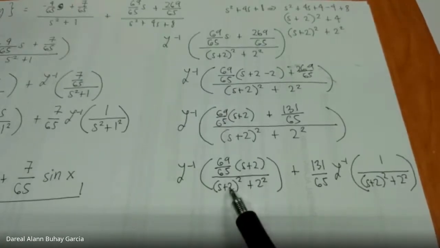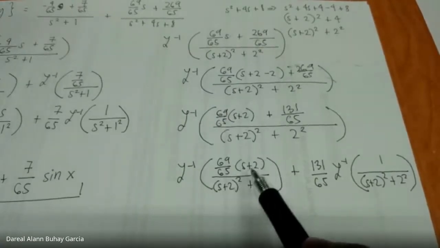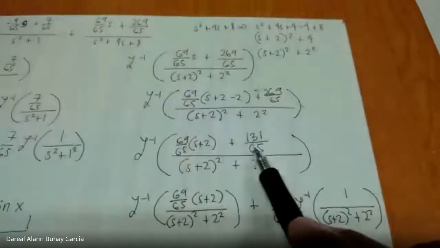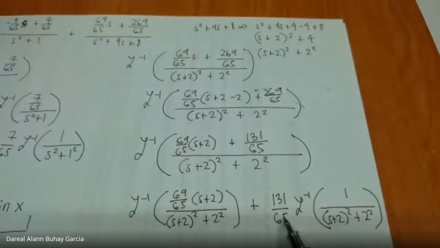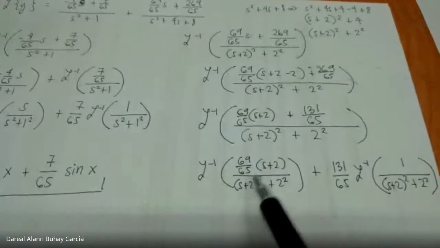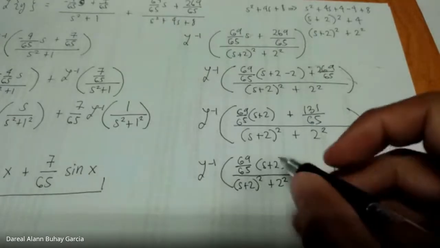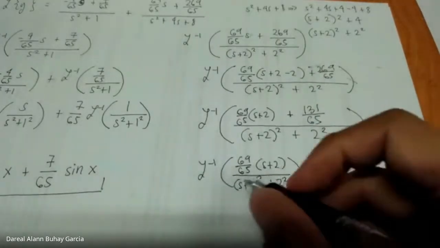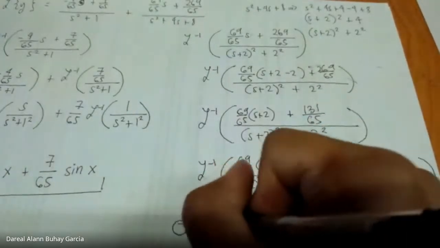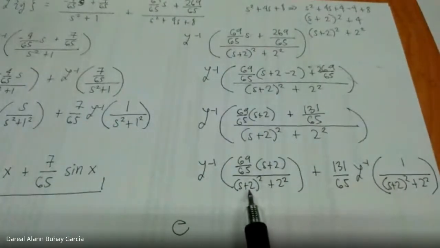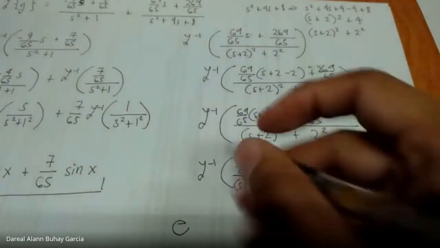Unlike before, we can't pull out the constant directly, since S plus something is technically S minus something. To compensate, multiply the whole inverse Laplace by e to the power of at. What is a? Negative 2, since it's S minus negative 2.